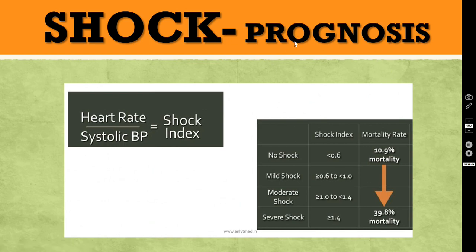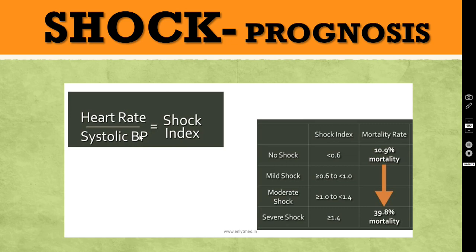Coming to the prognosis in various types of shock, the shock index is the main thing you must know to tell the prognosis of the shocked patient. Shock index is nothing but heart rate divided by the systolic BP.